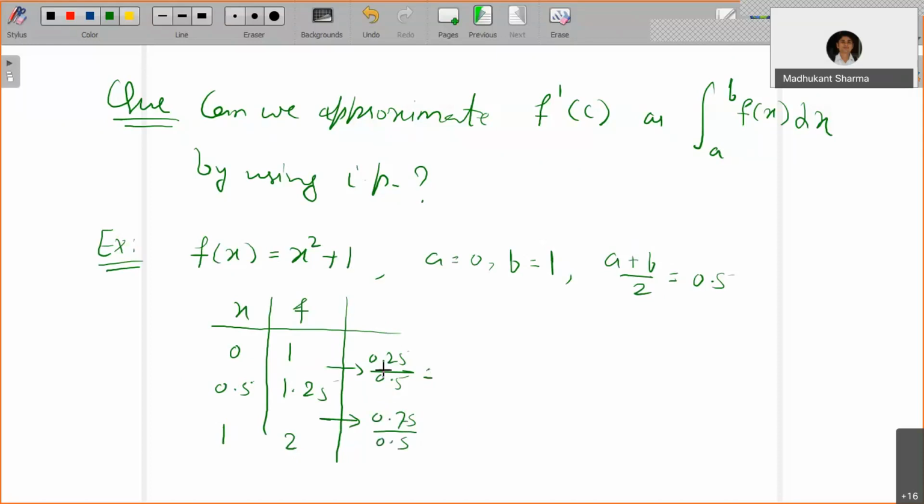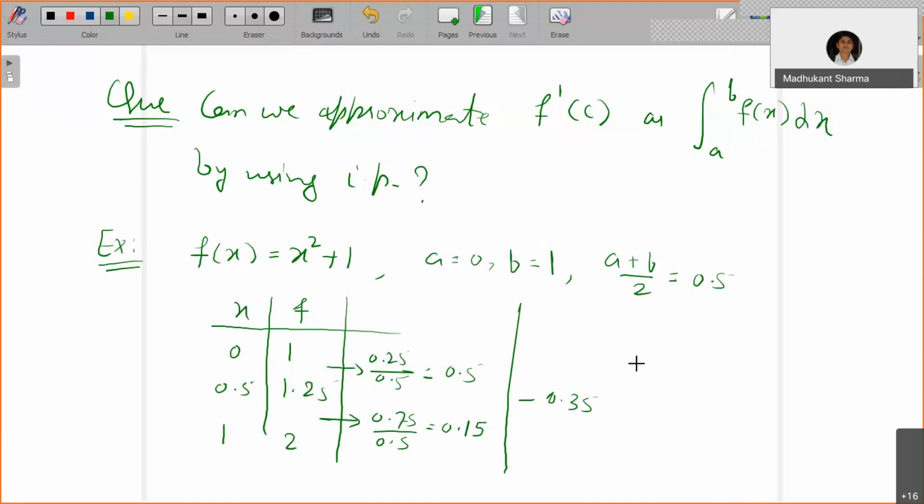So this is 0.5 and this is 1.5. Now this is the first divided difference table. The next is 1.5 minus 0.5, that is going to be 1.